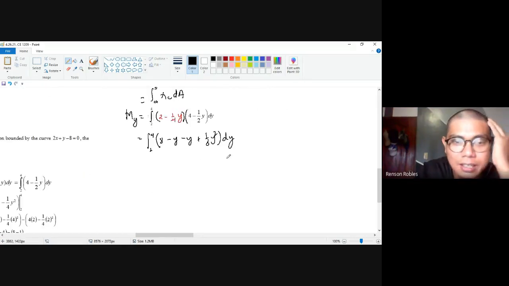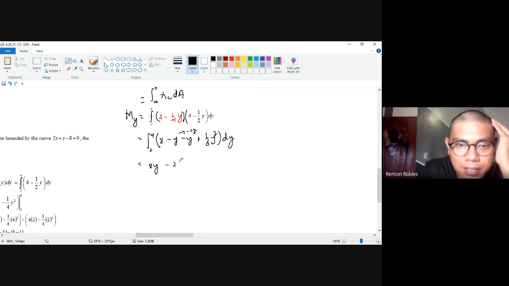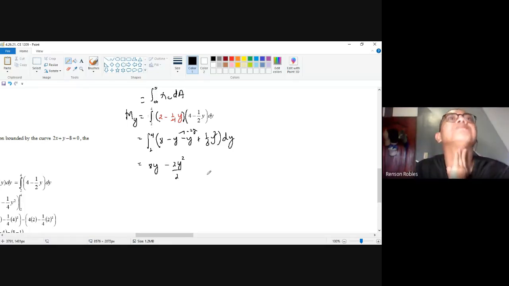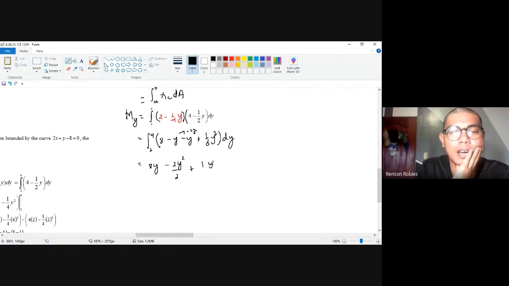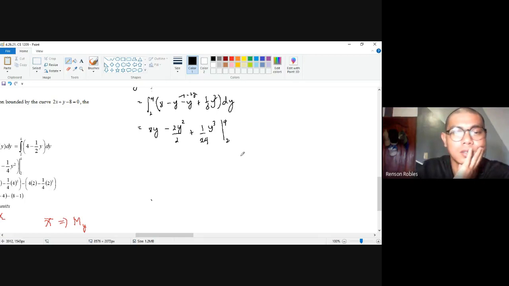Then integrate natin. Integral of 8 dy is 8y, minus integral of negative 2y dy, negative 2y squared over 2. Okay lang ba? Opo, sir. Plus 1/8 y cubed over 3. 3 times 8, it's 1 over 24. Then I'd like to ask your help for this one. It's quite large. So you have 8 times 4, 32.